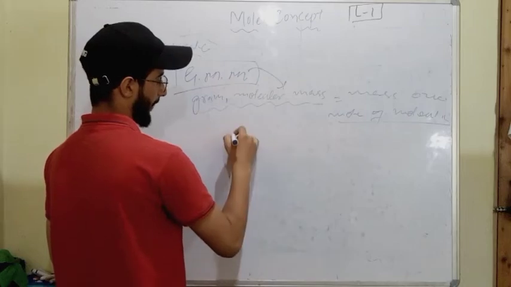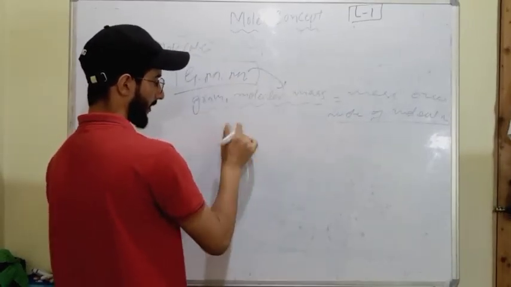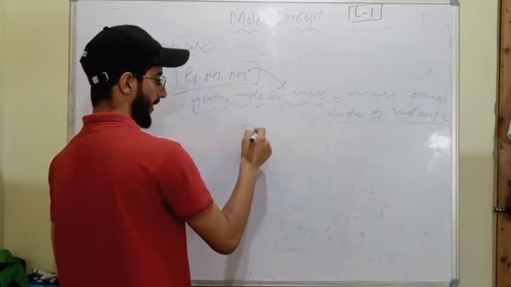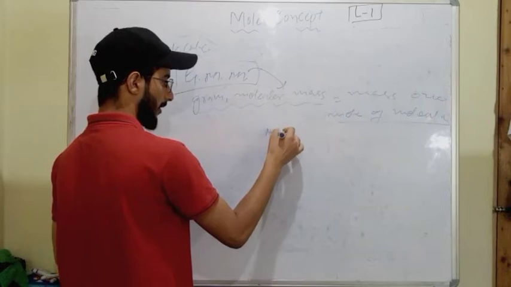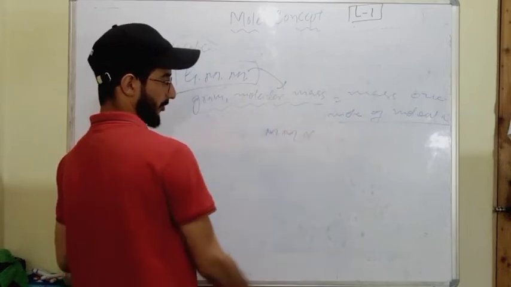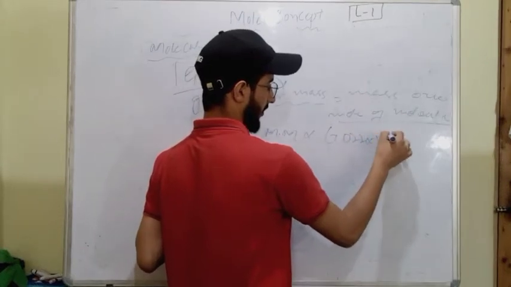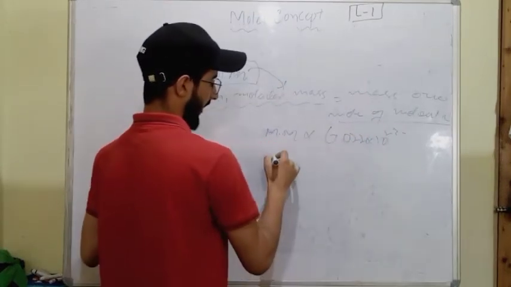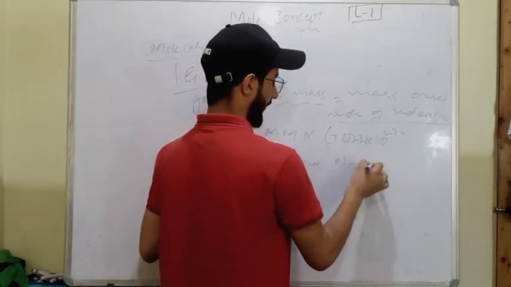It will be equal to the relative molecular mass, or molecular mass, into 6.022 into 10 raised to power 23, or we can write it as molecular mass into Na.